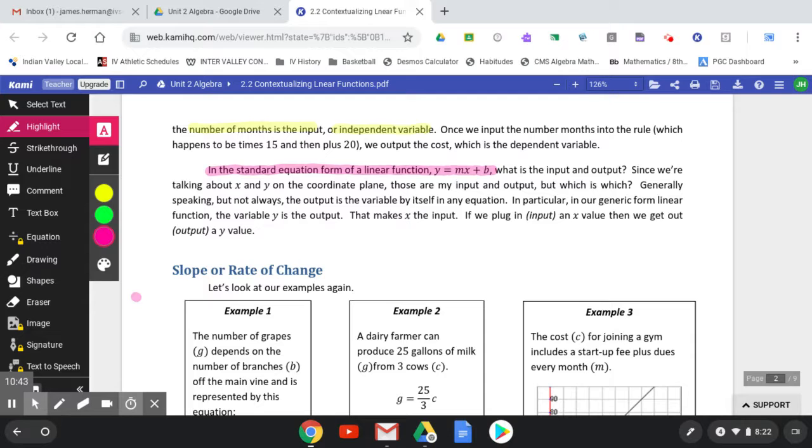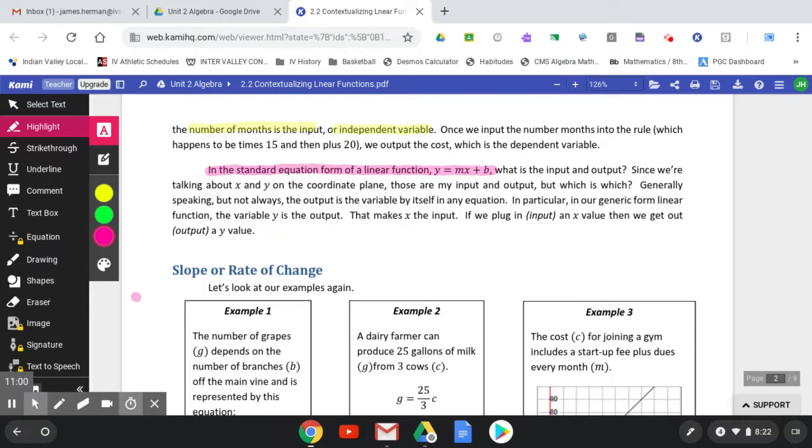I just didn't like the fact that we called this standard form. So where it says standard form here, I want you to cross that out, and I want you to write slope-intercept form.